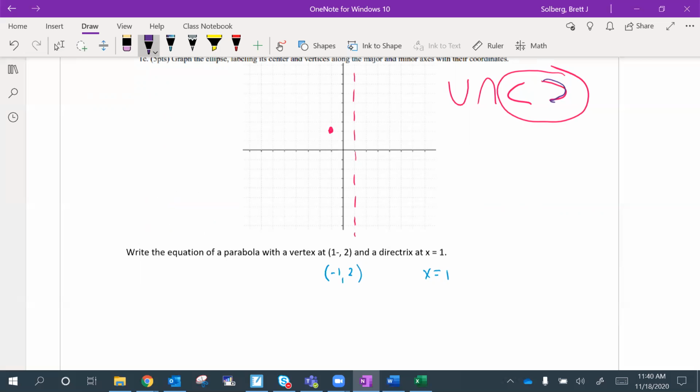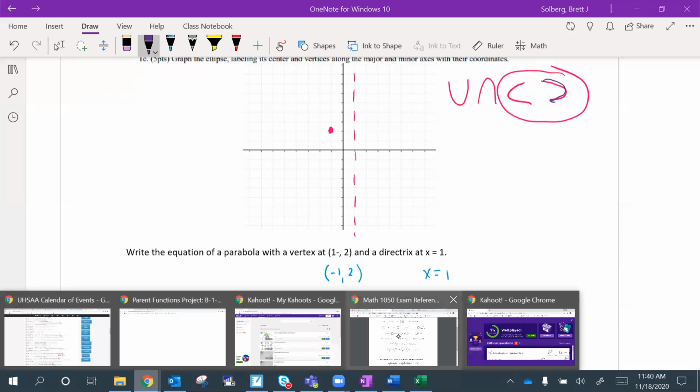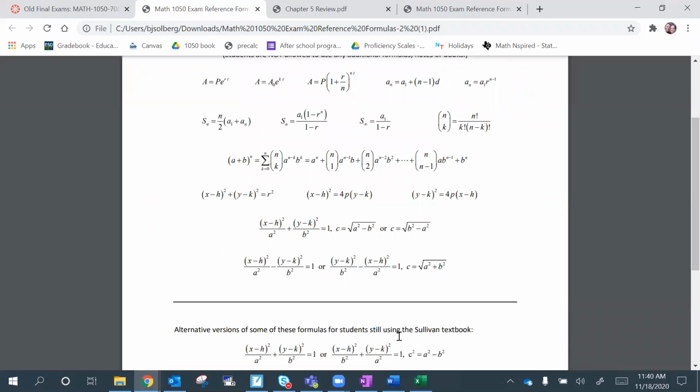So now, thanks, Ashley. The next question is, if I'm looking at my formula sheet here, which of these two formulas, so these are both of your parabola ones, you've got this one here and this one here. Which one are we going to use if we want it to open to the left?